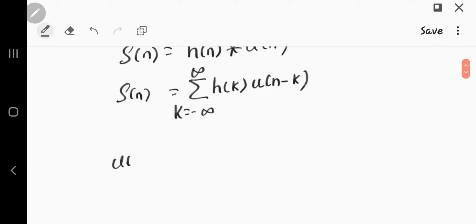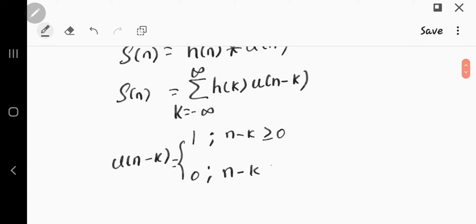Now this u of n minus k will be 1 for n minus k greater than or equal to 0, and it will be 0 for n minus k less than 0. If you simplify this, it is 1 for k less than or equal to n, and 0 for k greater than n.